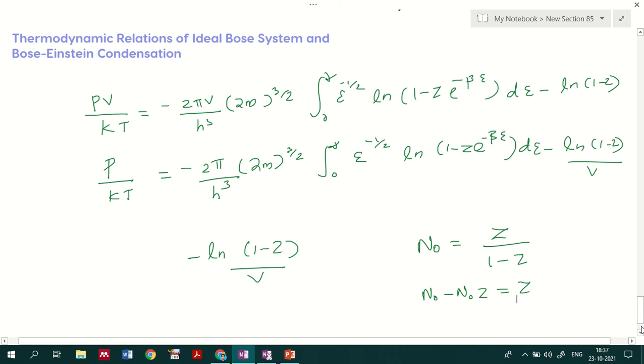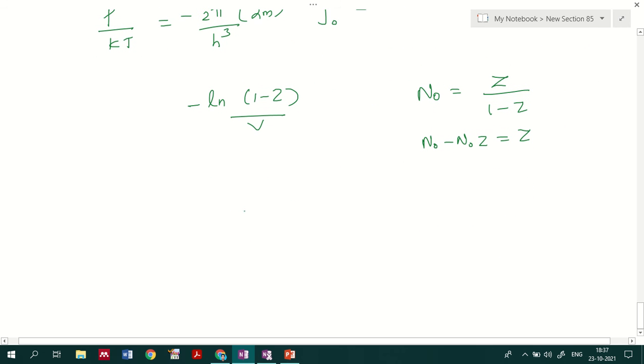From that I can identify z in terms of n0. So z equals n0 divided by 1 plus n0. Now I can substitute this z value in the logarithmic term.